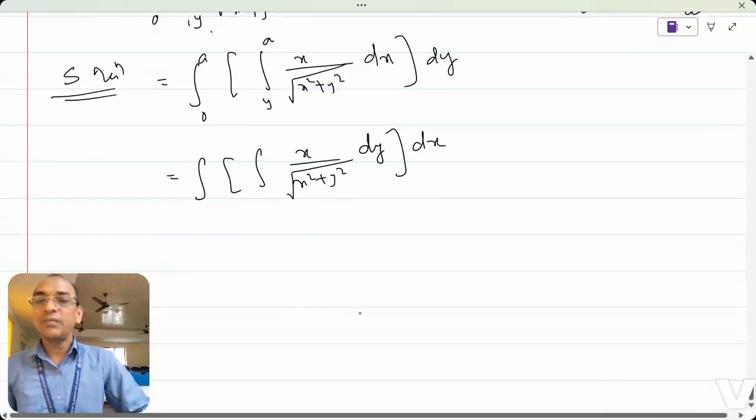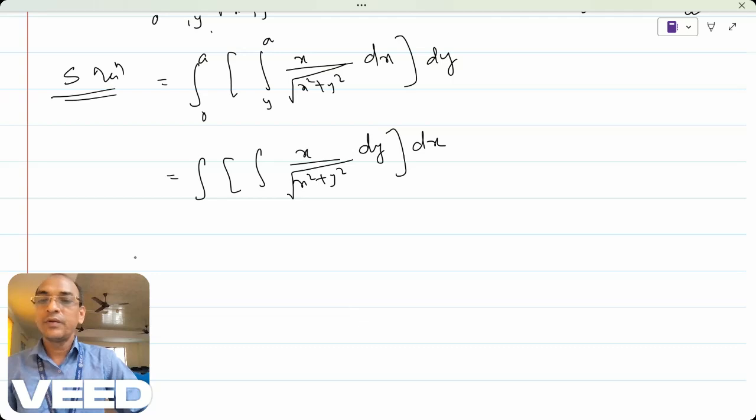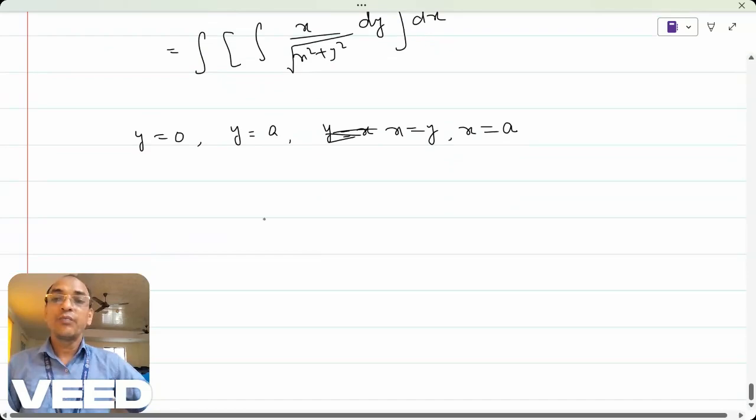So we will write them like this: y equal to 0, y equal to a, and x equal to y, then x equal to a. So let us plot this graph taking all the information.